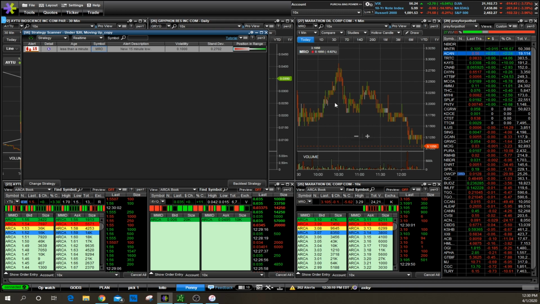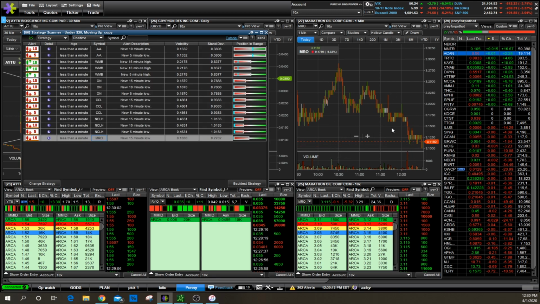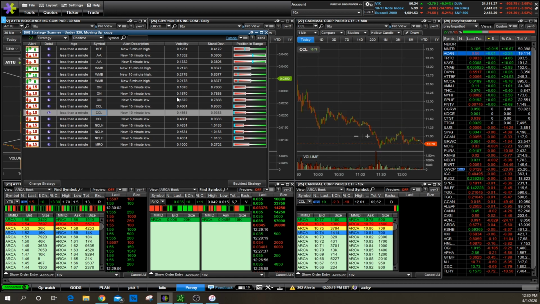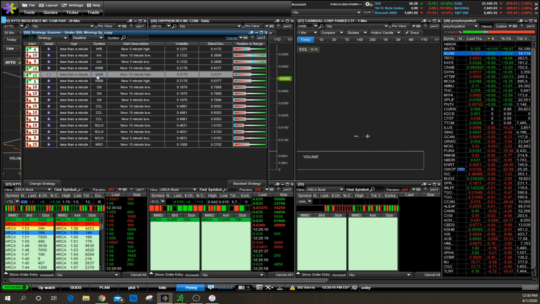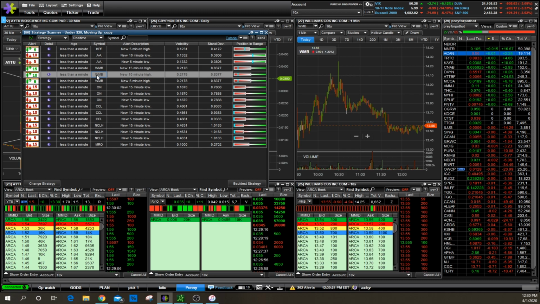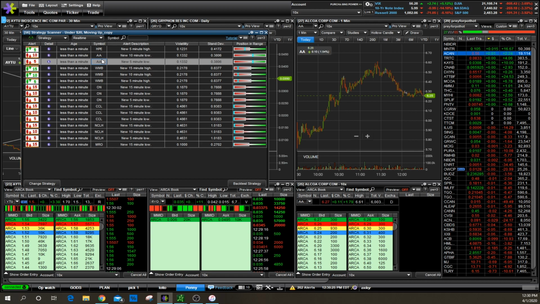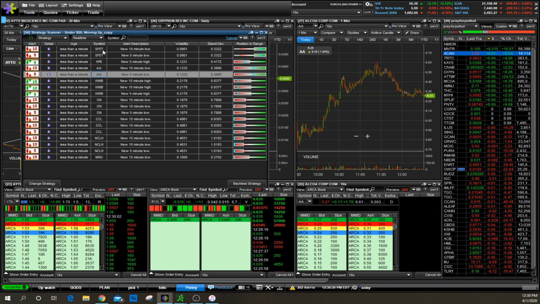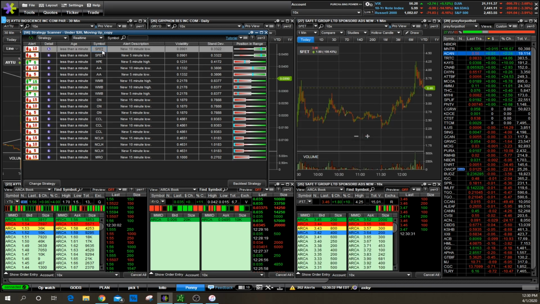Though this has a high float and a lot of shares. CCL, so this is Carnival. What's that? 10 minute low. WMB Williams. No idea what that is. AA. SFET again, 10 minute low.